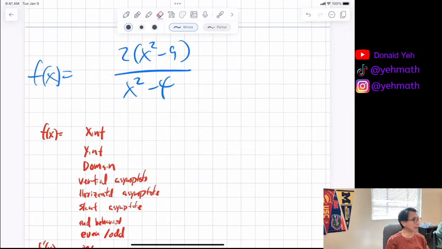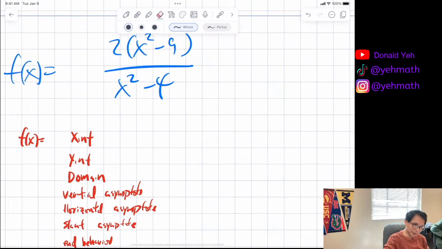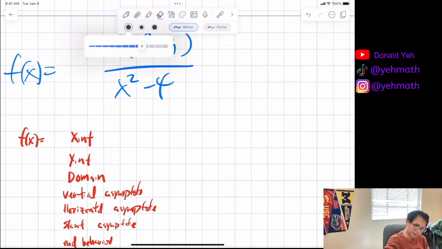So x-intercept. Can you guys find me an x-intercept? Plus or minus 3. Plus minus 3. Good. X-intercept, if you want to know, is when y is equal to 0.